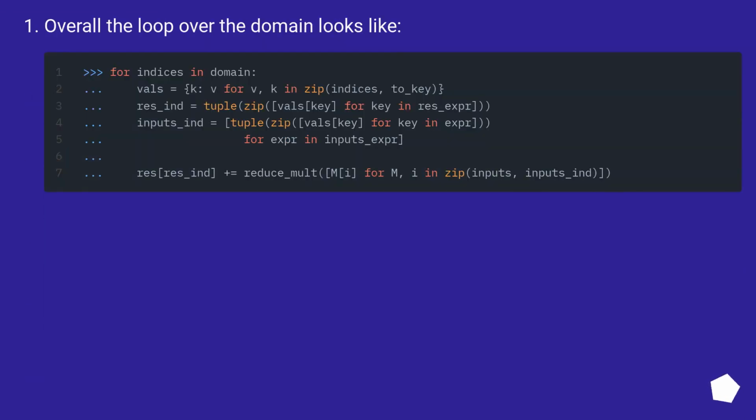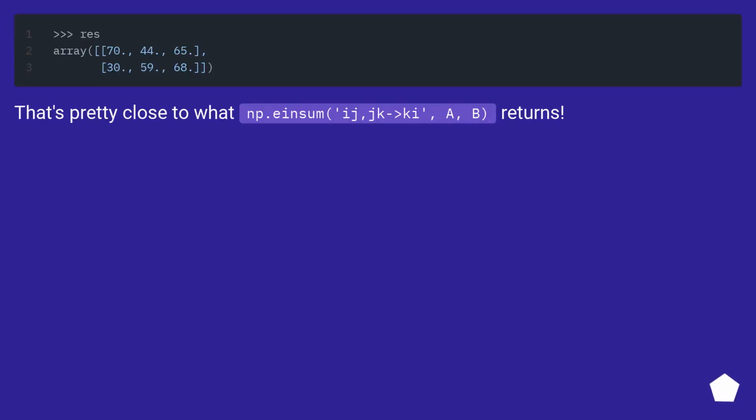Overall, the loop over the domain looks like that, pretty close to what np.einsum('ij,jk->ki', a, b) returns.